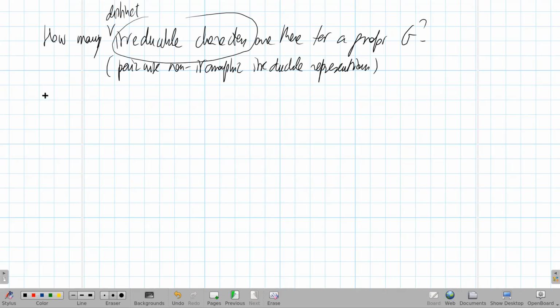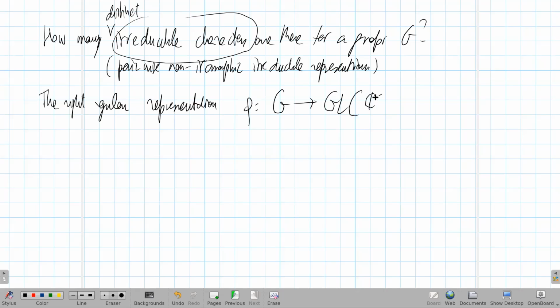So if you consider the right regular representation rho, which is the representation from G to GL of CG, because I need to put a vector space here.